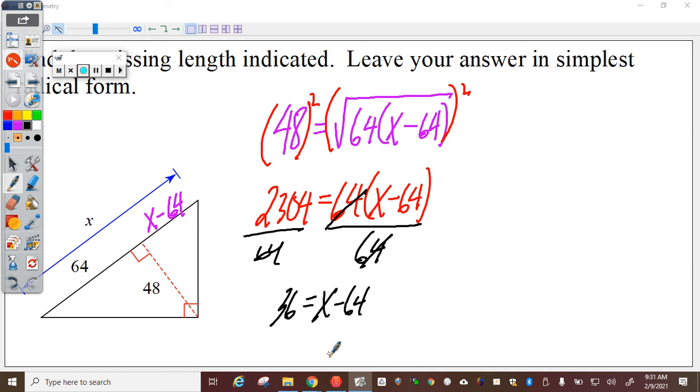Does everybody see what I did? You'll get the same answer either way, whether you distribute it or not. But when you distribute it, you just work with larger numbers, and if I can avoid doing that, I will. So at this point, I will add the 64 to both sides, and x equals 100. Okay? All right.